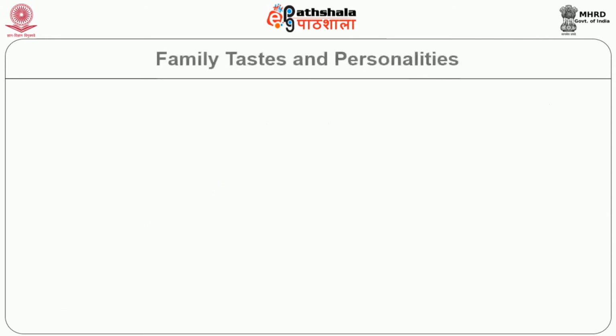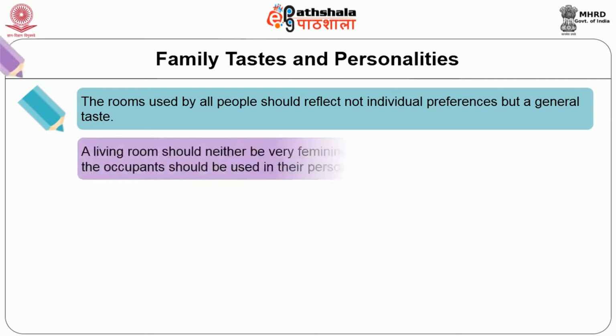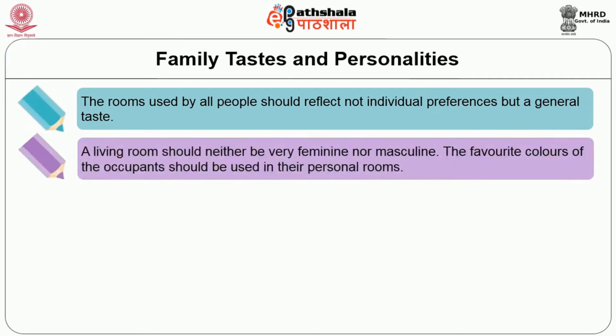Family taste and personalities. Some rooms used by all people should reflect not individual preferences but a general taste. A living room should neither be very feminine nor masculine. The favorite colors of the occupants should be used in the personal rooms.